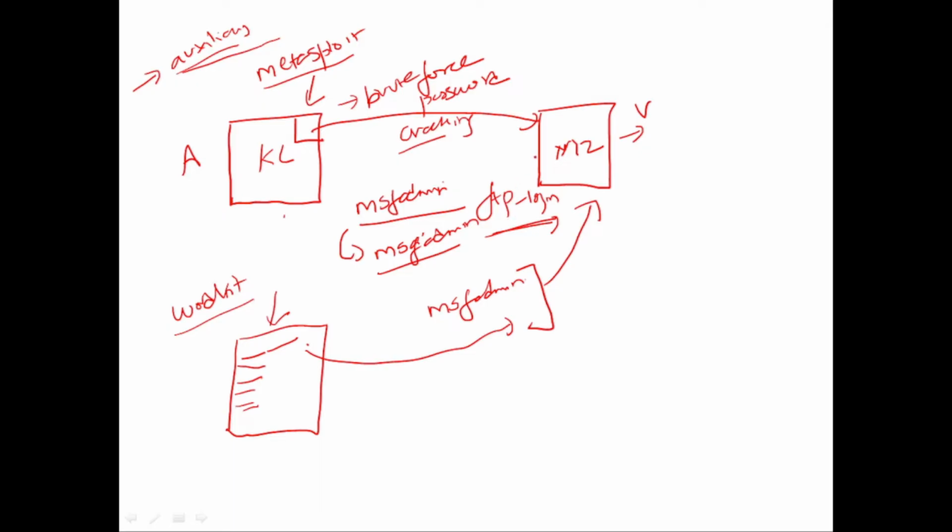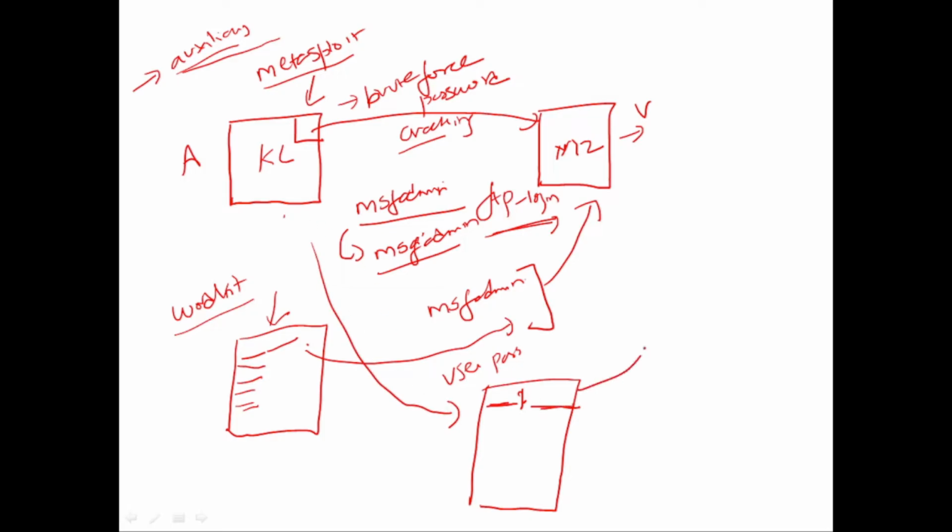The third kind of attempt we are going to make is to use another file called the user password file. This user password file contains a username, separated by a colon, and then the password. Metasploit is going to use this specific file, take the username and password, and try to crack the password for this FTP login.